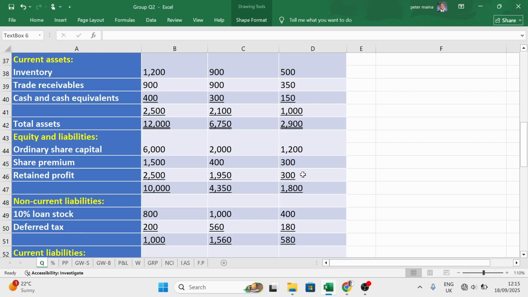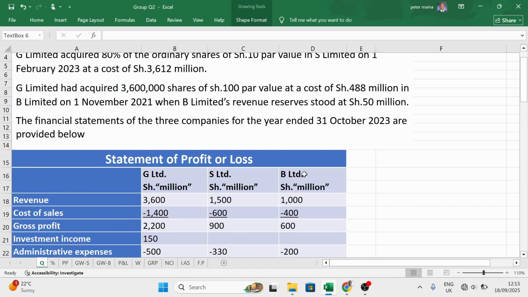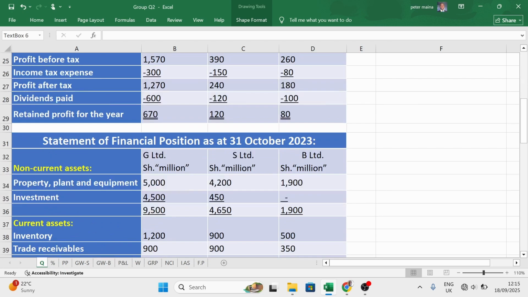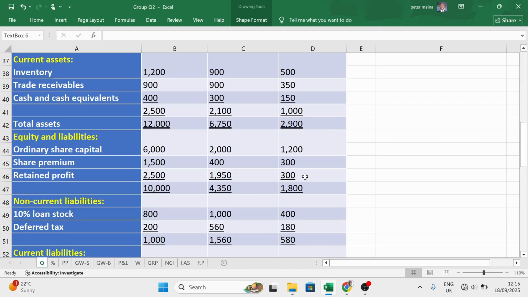We don't want pre-acquisition profit in the associate. So therefore we deduct it. At the top we were given the pre-acquisition profit was 50. This 50 is included in this figure of 300. And that 50 is pre-acquisition. So we deduct it so that we are left with post-acquisition profit in associate.